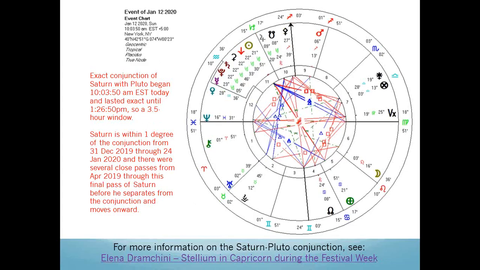So, could I add a few things here? Yes, please. The main thing that everyone is talking about is this conjunction of Saturn and Pluto, as BL has just said. Now, because Pluto is the furthest away from the sun, it moves so slowly.